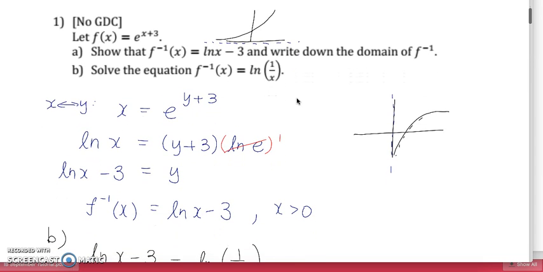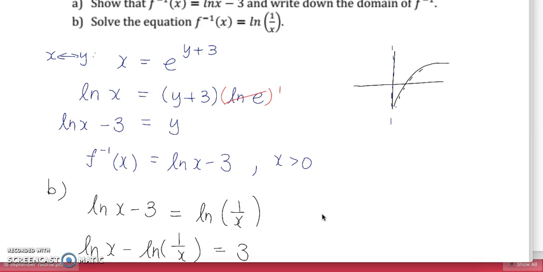So now, if we think about the inverse of this function, the domain will become the range, and the range will become the domain. Therefore, this sketch shows a quick sketch of the function ln x minus 3, and there should be a vertical asymptote along the y-axis, telling us that the domain of this inverse function is x greater than 0.